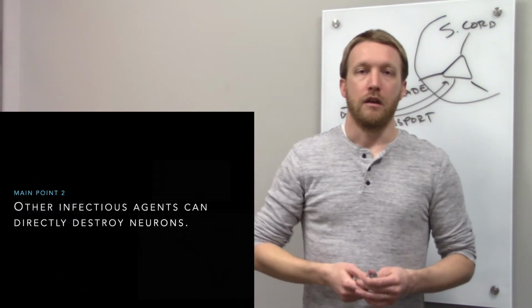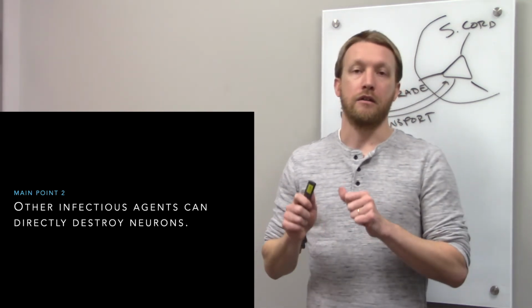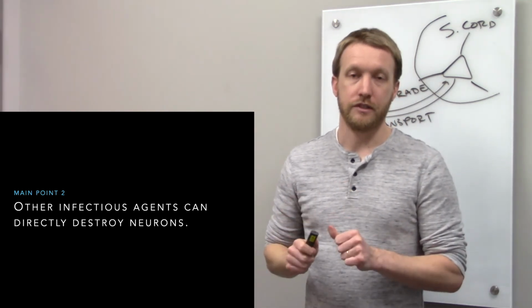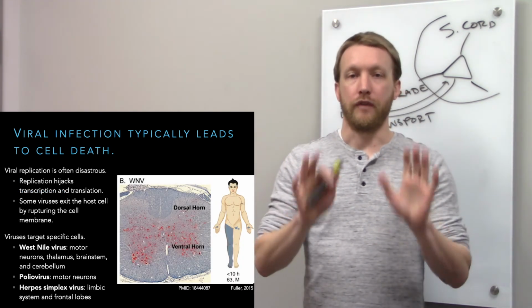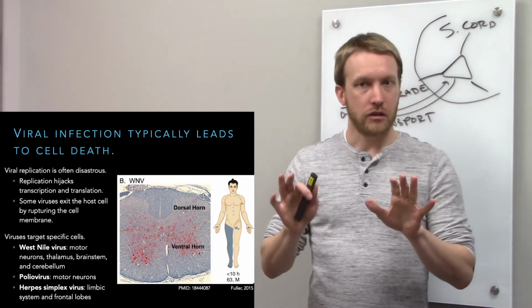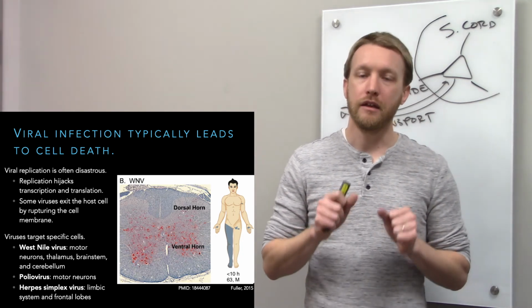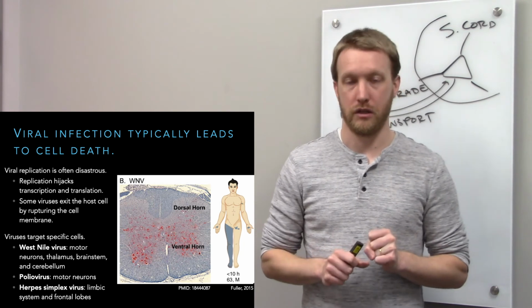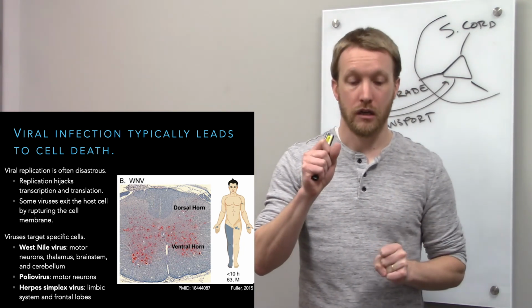Anyway, there are certainly other infectious agents that can infect the nervous system and destroy neurons. Viruses, in addition to causing that increase in intracranial pressure, which is not a good thing, can also directly destroy neurons. This is another way that viruses can cause damage.